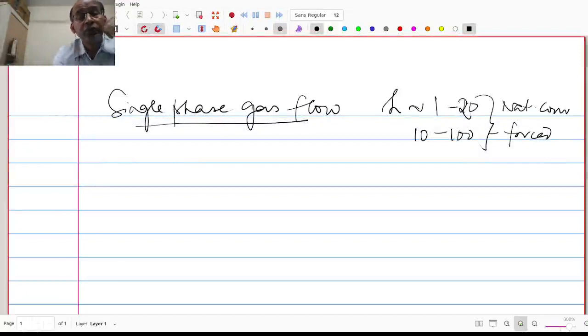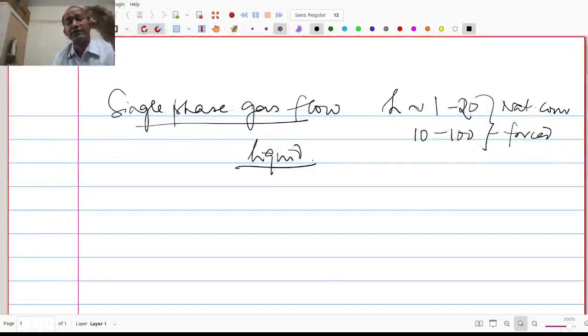Whereas if you look at single phase liquid flow, since the conductivity of liquids is usually higher, we're not talking about liquid metals, but just liquids like water, etc. So let's say water flow, or properties of the liquid similar to that of water.